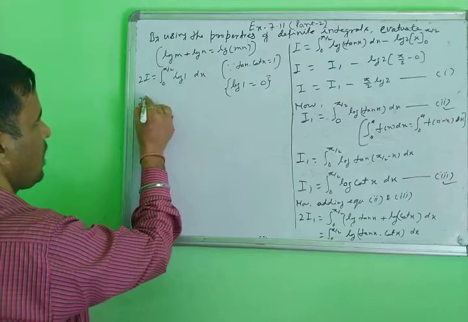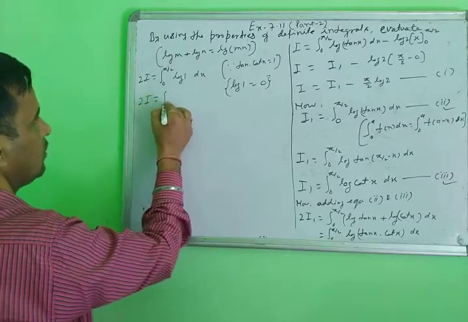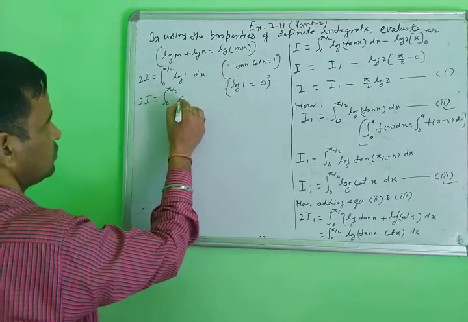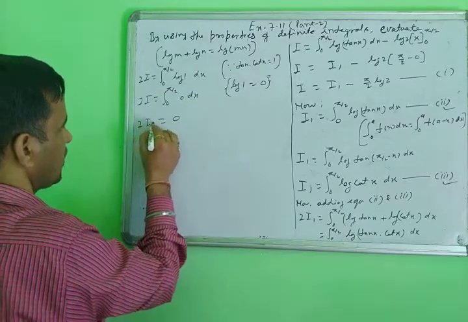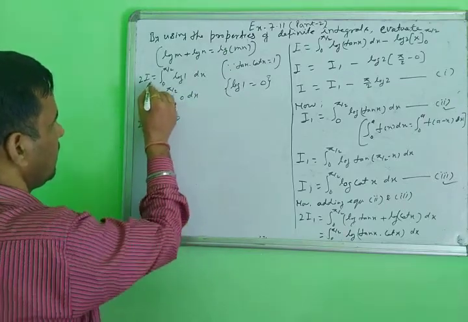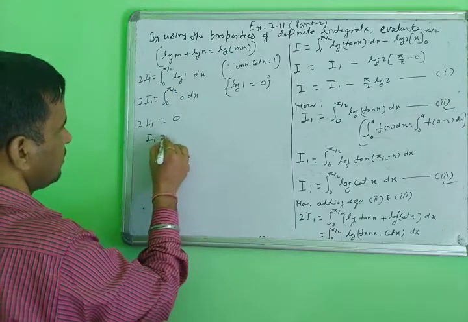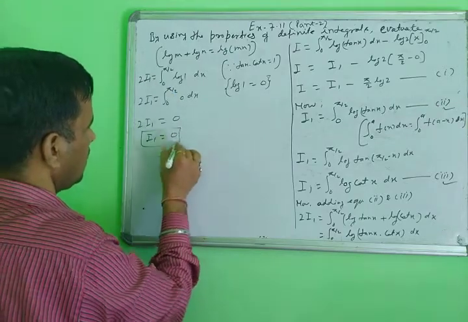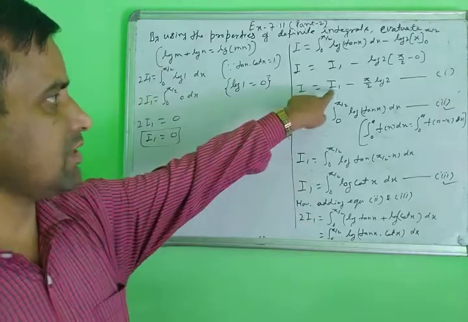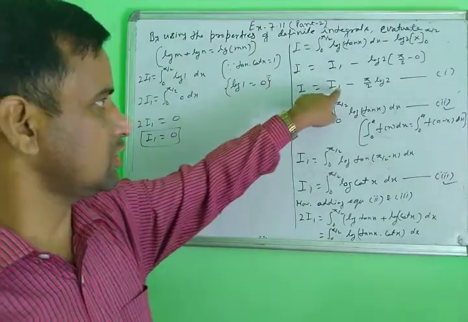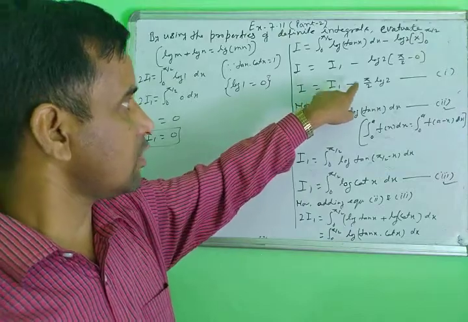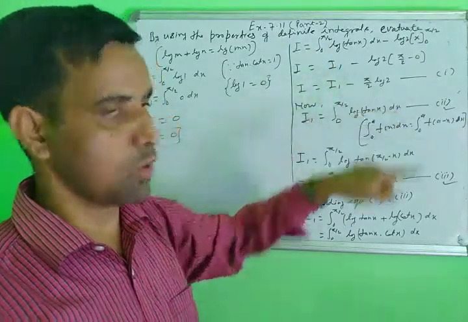Then 2I1 equals the integral from 0 to pi by 2 of 0 dx. Our result will become 0. The value of 2I1 equals 0, then I1 equals 0. So what result comes here? The I1 here is 0 in equation first, so this value will be put in here. The integration of the question here is minus pi by 2 log 2.